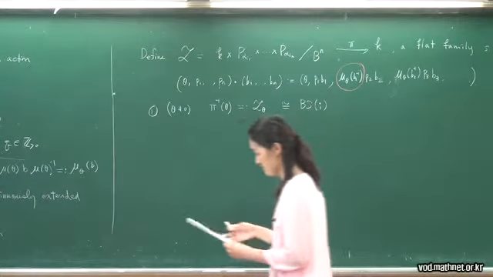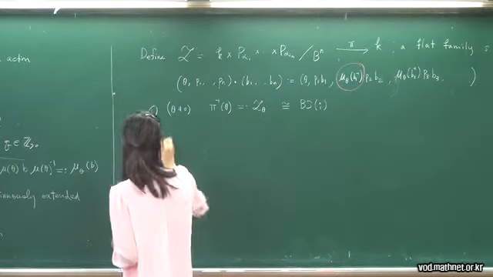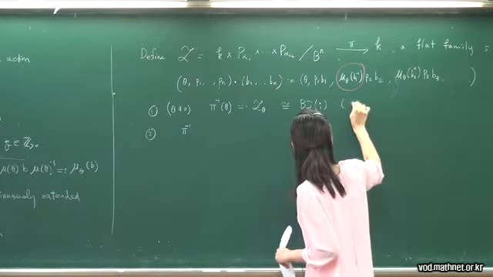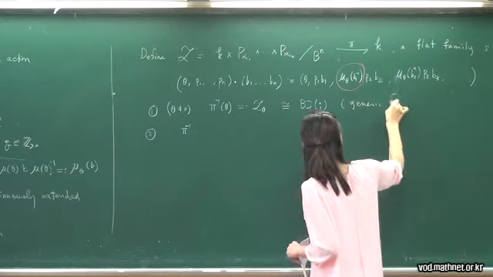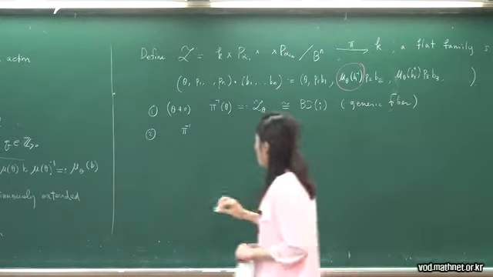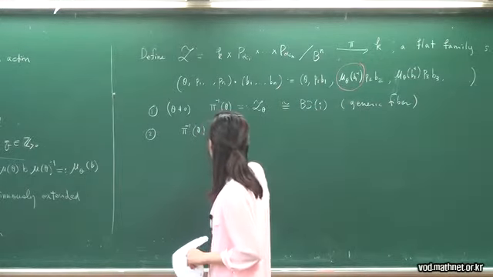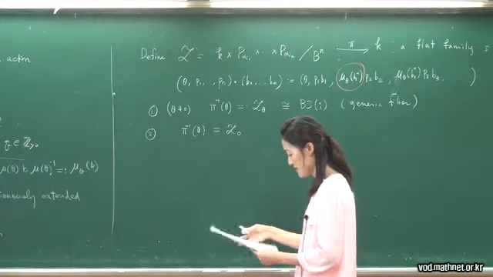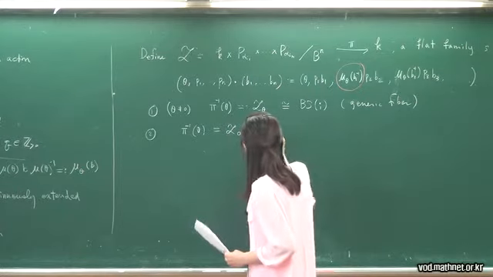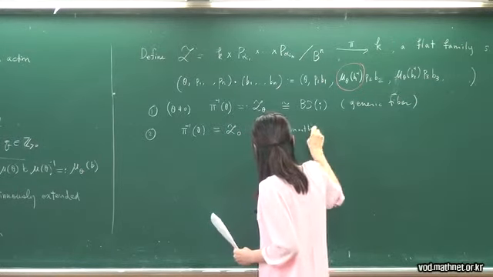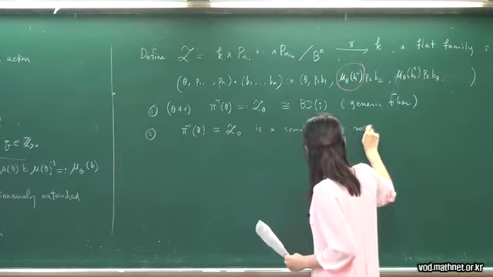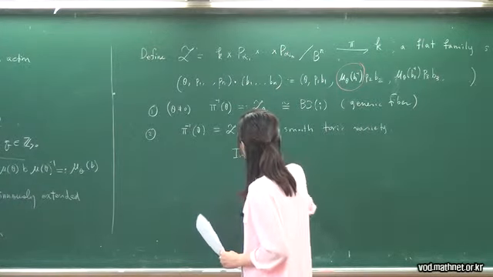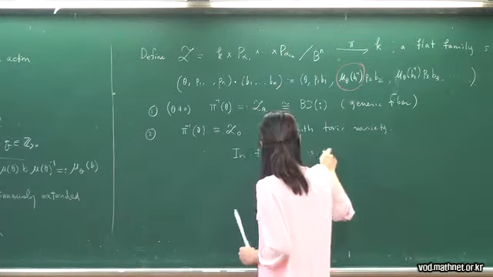This we call a generic fiber, and then there is a special fiber. From now on I will use this notation: it is a smooth toric variety. In fact, it is a Bott tower.